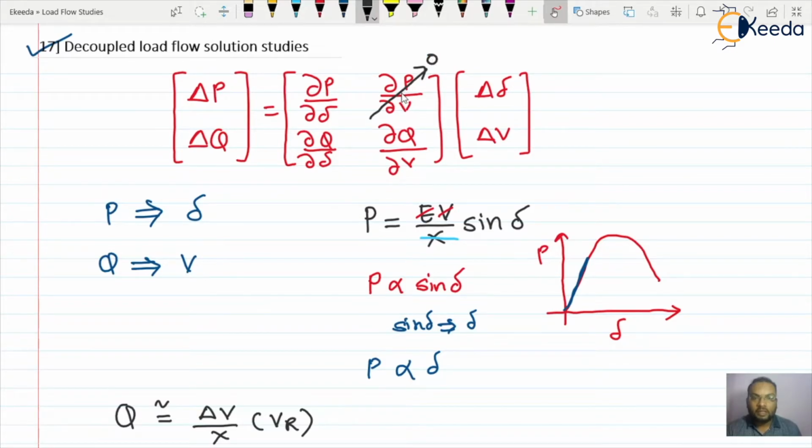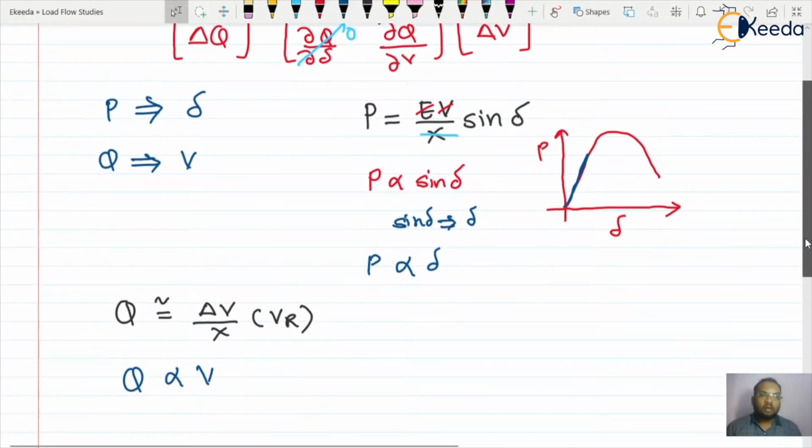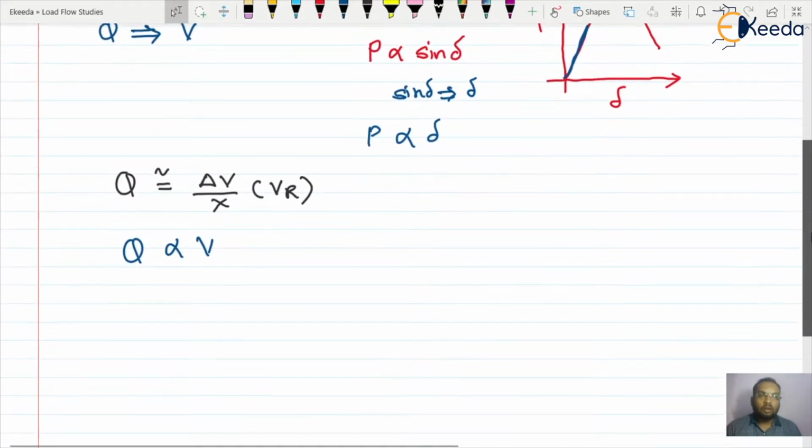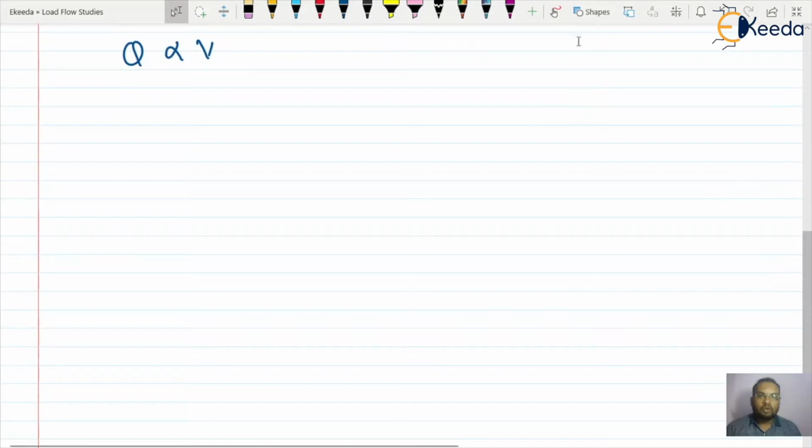This term becomes zero, because the real power is not depending on the voltage. Same is the case with the reactive power: as it is less sensitive to the phase angle, this term goes to zero. So what is happening here is that the number of terms in the Jacobian matrix is becoming half.